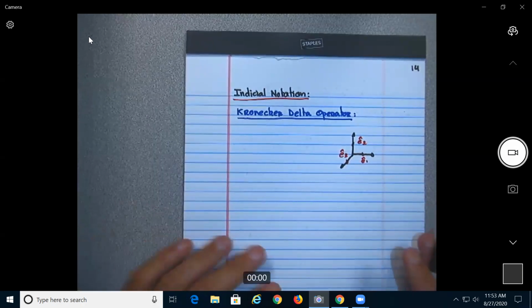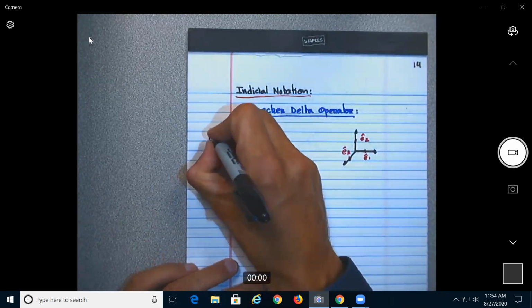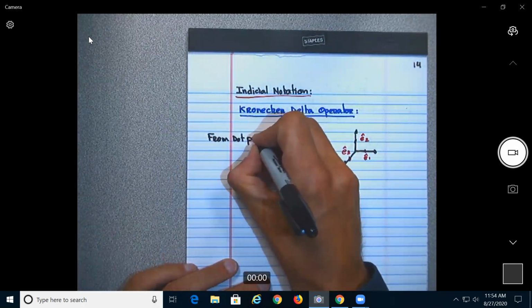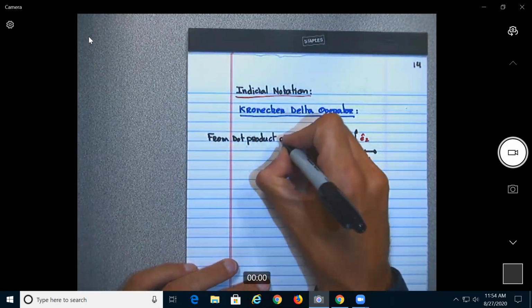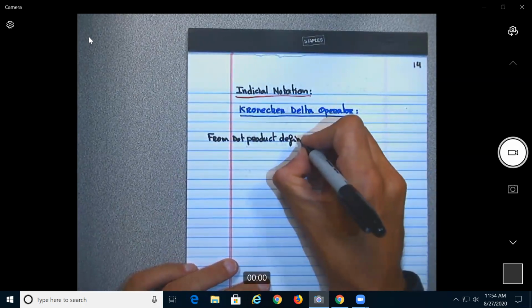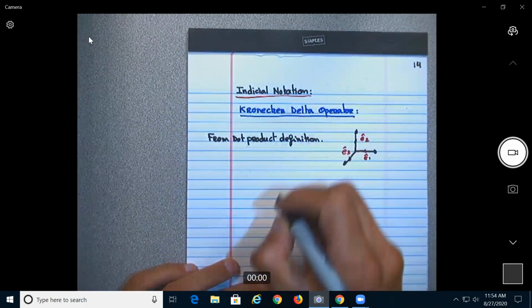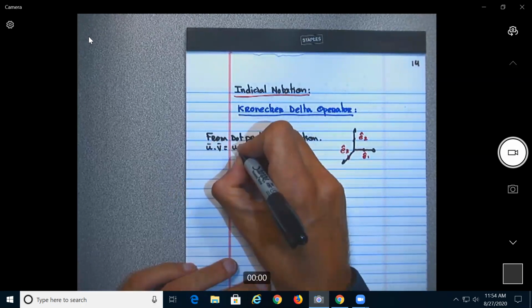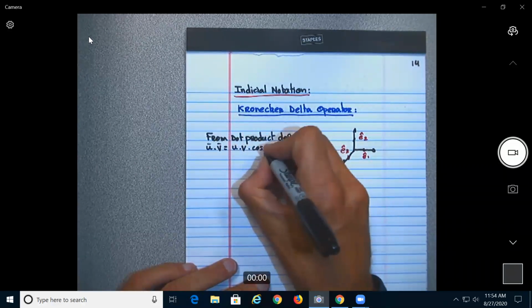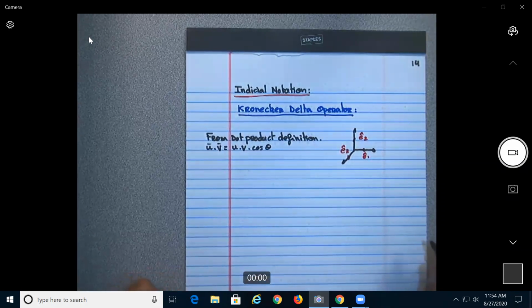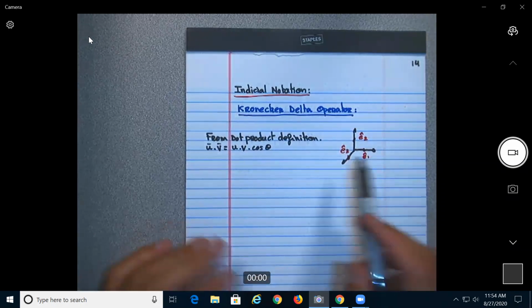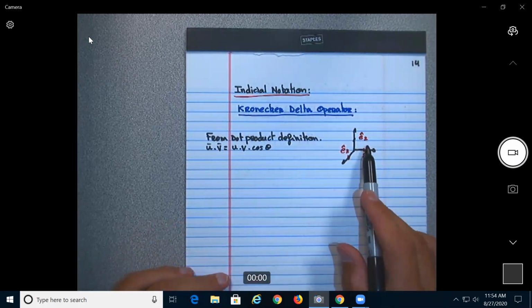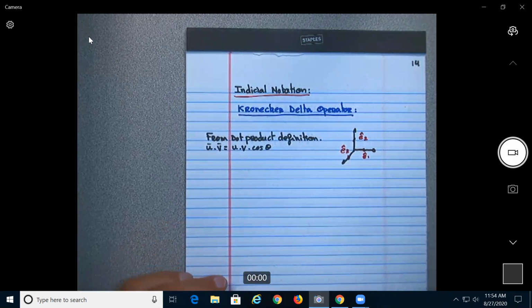And basically, from the dot product definition, what do you have? U dot V equal to U V cos of the angle between the two vectors. No, we did it the other day. So now let's say that U can be either E1, E2, E3, and V can be either E1, E2, or E3, okay? So we do that, what do you have?